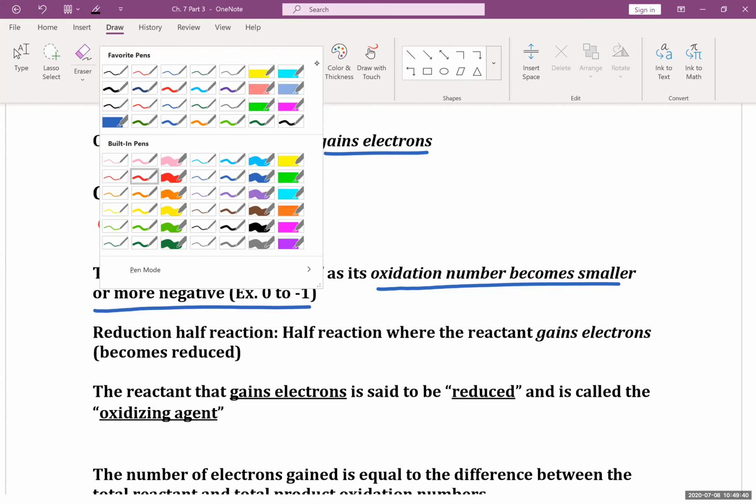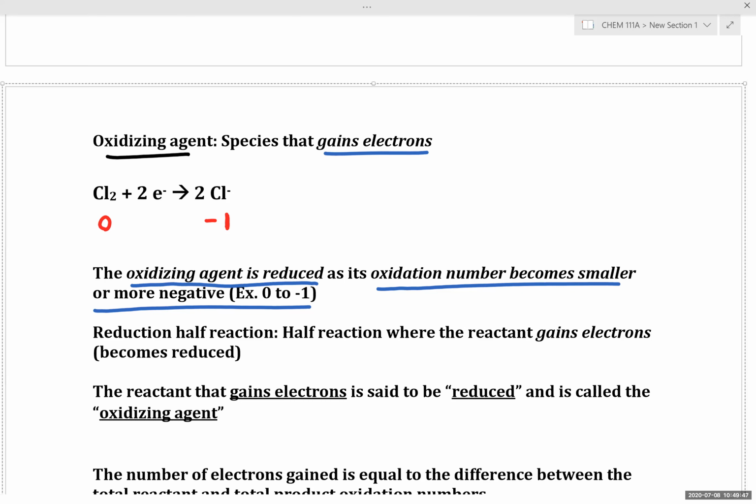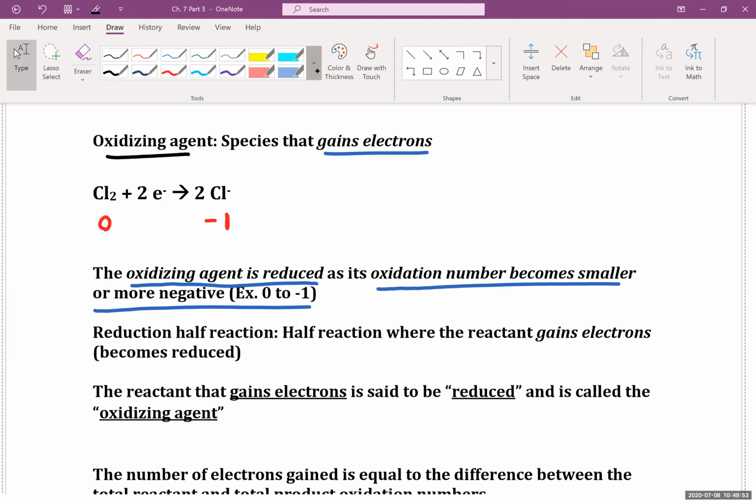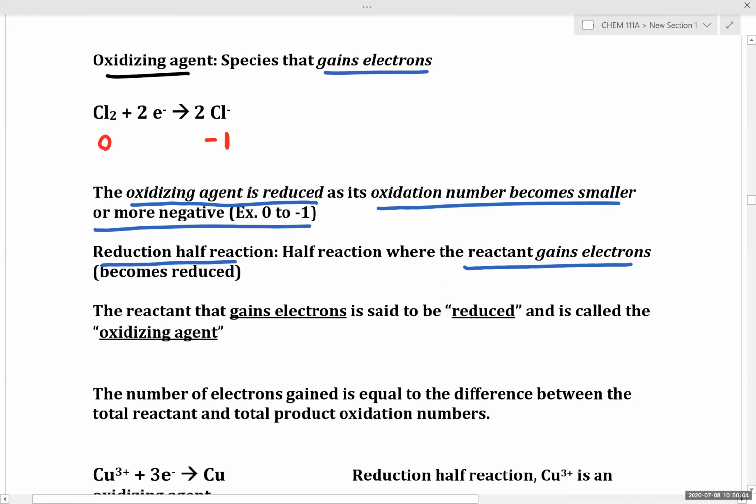So our oxidation number was reduced as we have gained electrons. So the reduction half reaction is the half reaction where the reactant gains electrons. The electrons are on the reactant side. The reactant that gains electrons is said to be reduced, and we call this reactant the oxidizing agent.